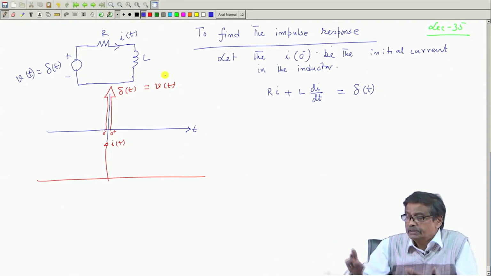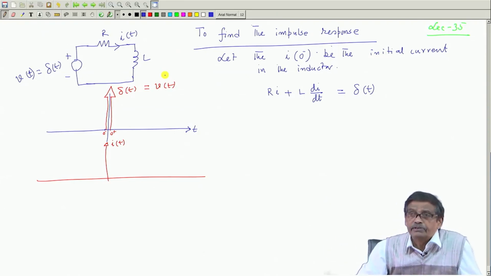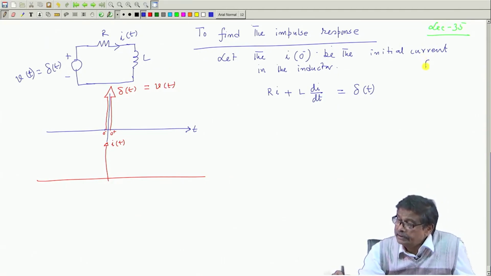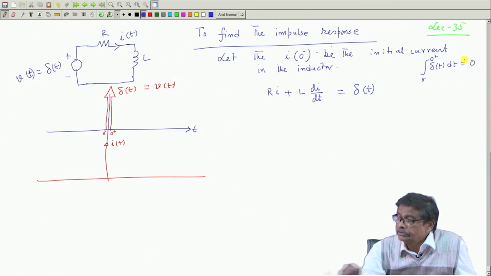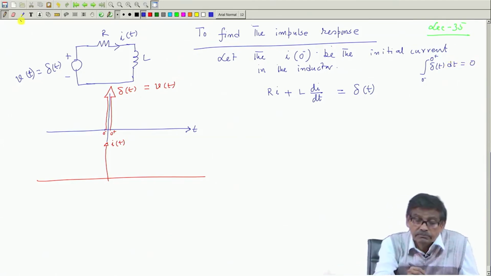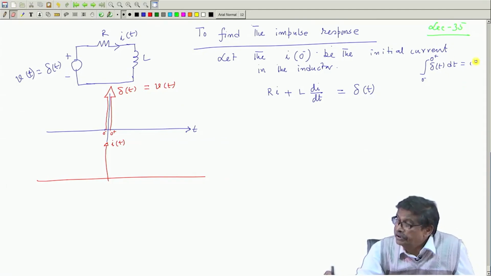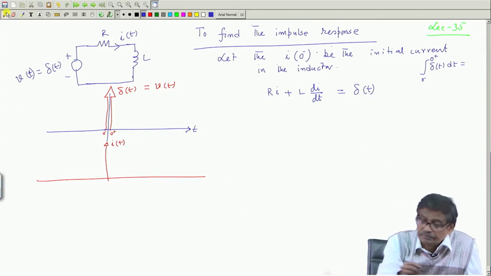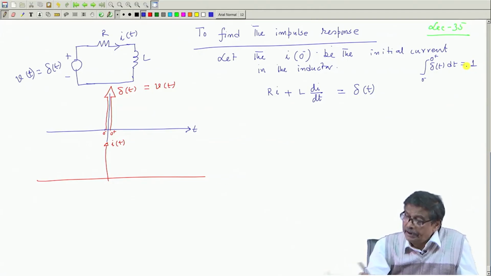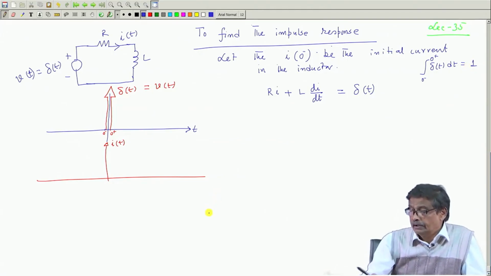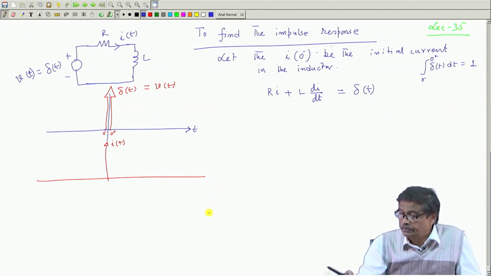What to do if the right hand side of an equation is infinitely large? But I know this much, that the integral from 0 minus to 0 plus of delta(t) dt is equal to 1, that is what a unit impulse function is. This is finite.